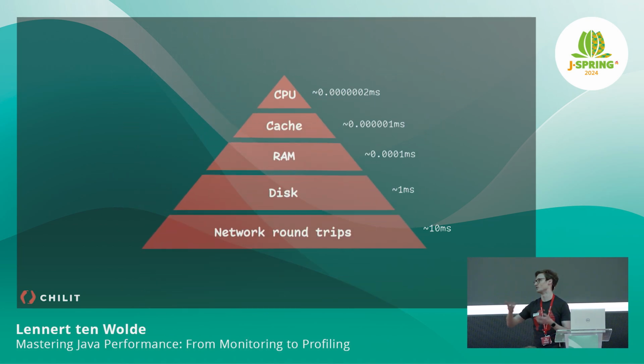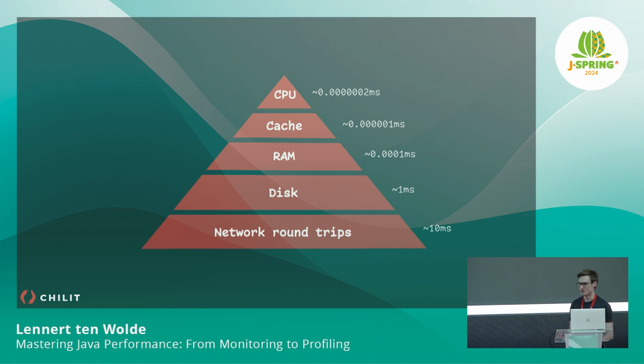So putting it in perspective again, you have the CPU at the top. You're talking about, and this is milliseconds, 0.000002 milliseconds, roughly, when an instruction is performed. That's pretty quick. And of course, there's way more CPU instructions than there are database calls, but to give you an idea. Cache is still very fast. RAM is still pretty fast, honestly.